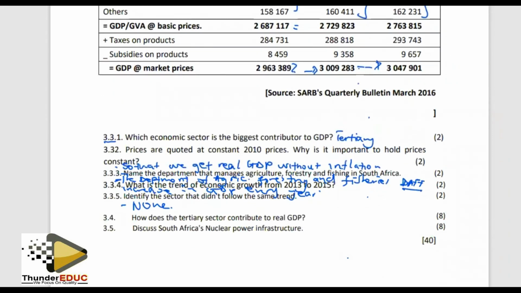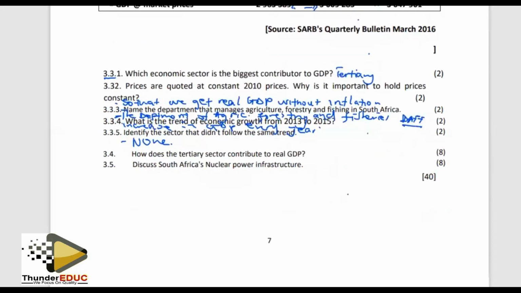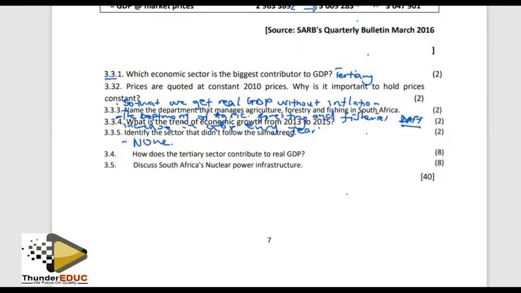Discuss South Africa's nuclear power infrastructure. Wow, so I must know. You must have read about the nuclear power infrastructure. So you say, for example, that you give statistics, yes, that there is a nuclear energy policy.